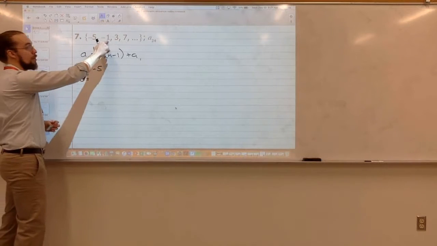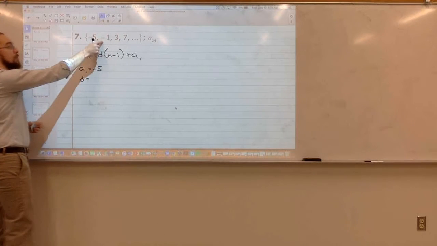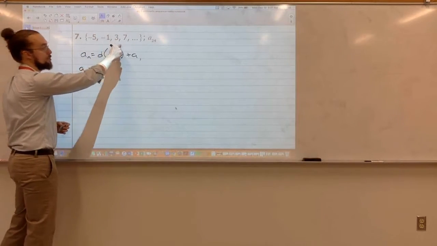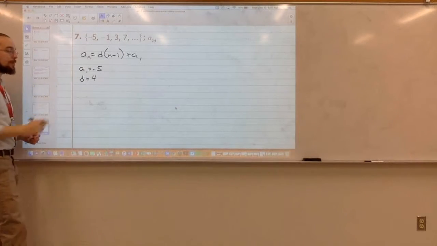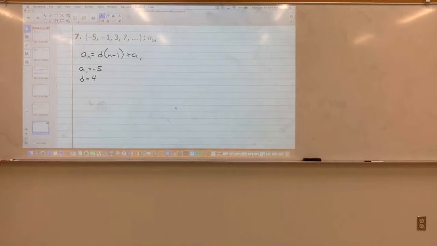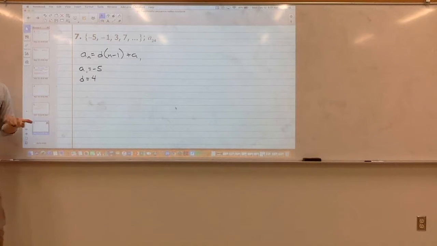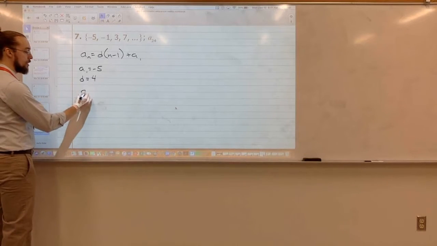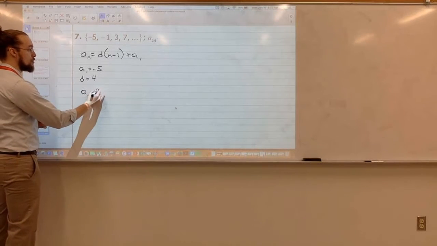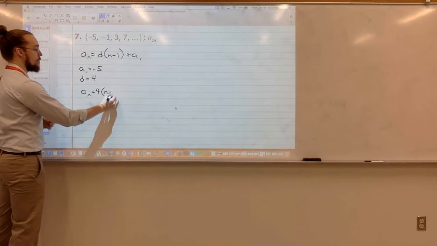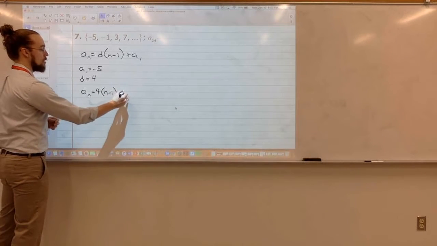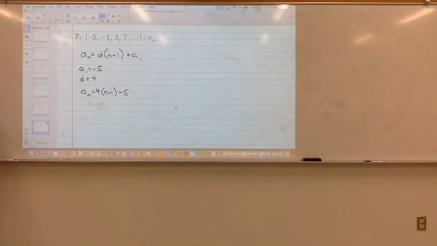So I'm adding 4 every single time. -5 plus 4 is -1. Plus 4 is 3, plus 4 is 7. So my common difference, we say, is 4. Now I can just take those two pieces of information and plug them into my formula. So I can say a sub n equals 4 times (n minus 1) plus -5, or just minus 5.